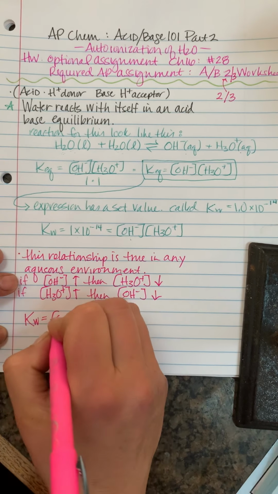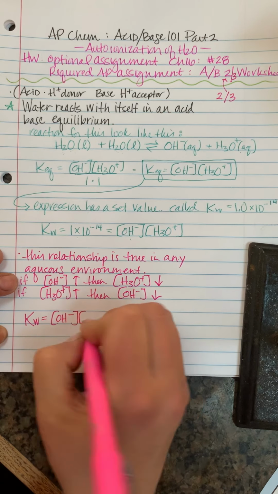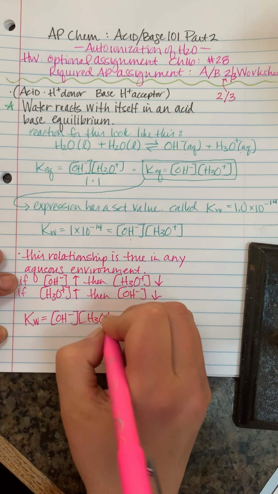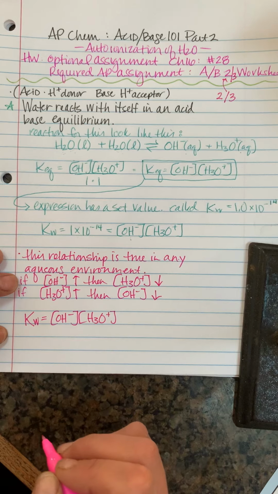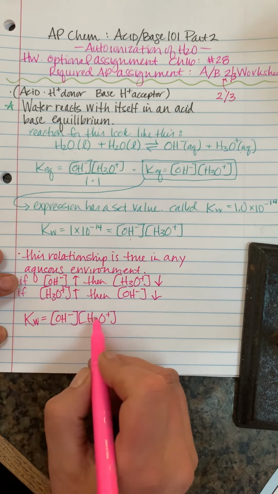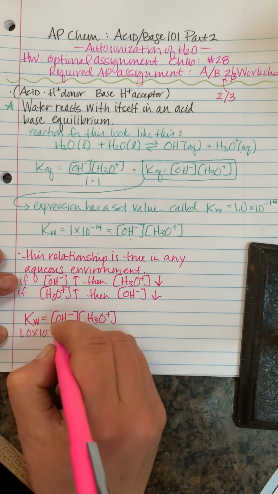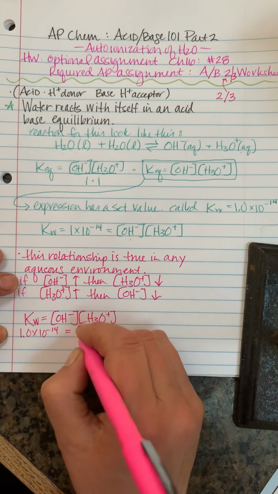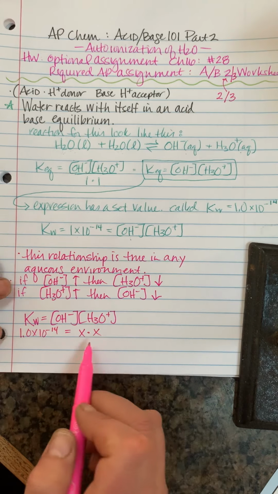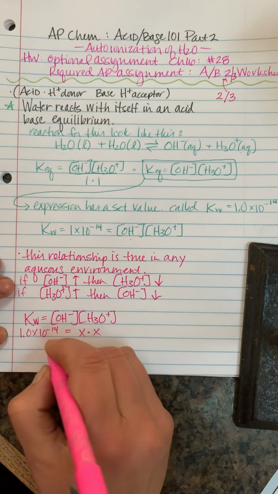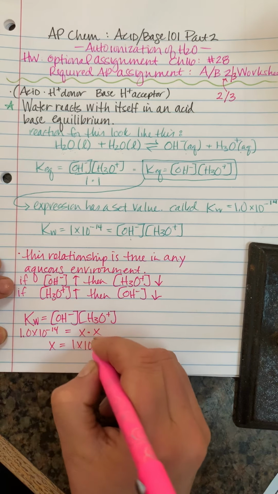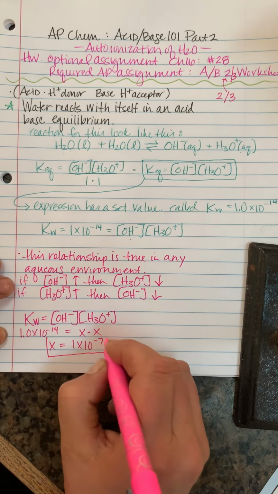And so if these are equal, we can have Kw is equal to the hydroxide concentration times the hydronium concentration. And if these are equal to each other, we can say that 1 times 10 to the minus 14 is equal to x times x, if we don't know what these are. And so x is equal to 1 times 10 to the minus 7.